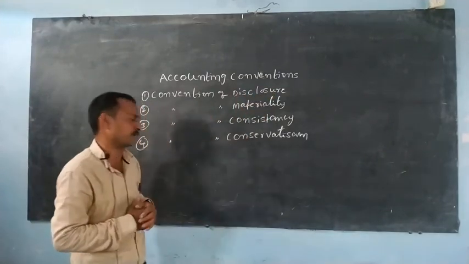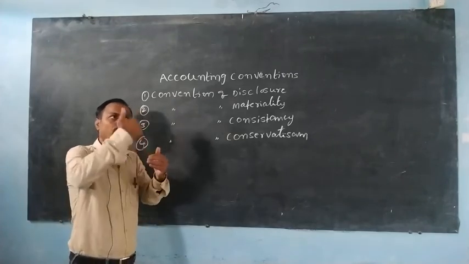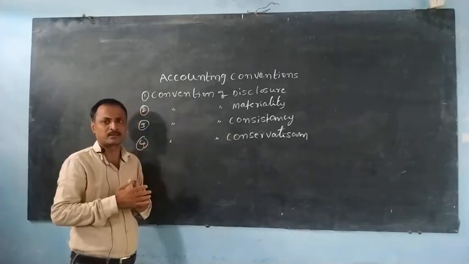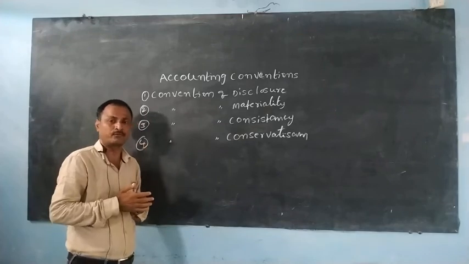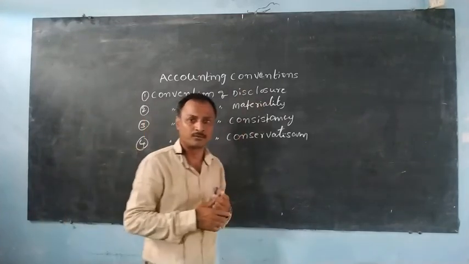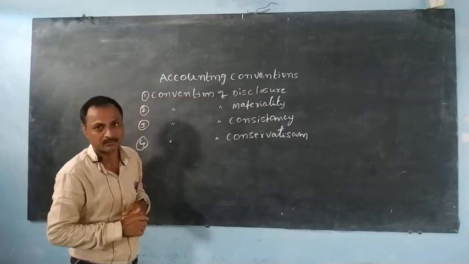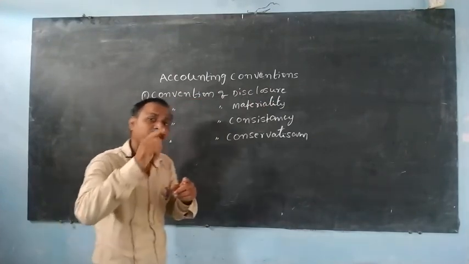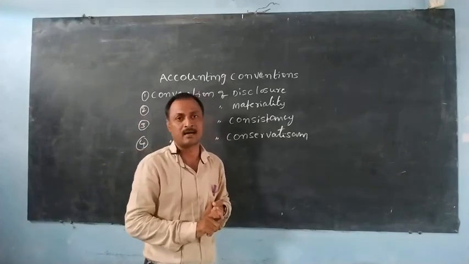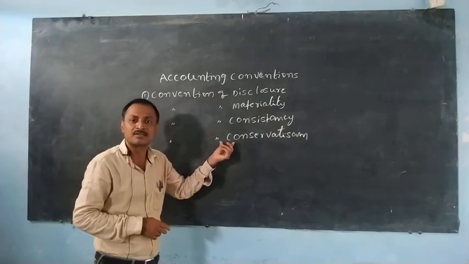This conservatism convention explains to us about the future. Expect, imagine about the future, but don't imagine profit about the future. Imagine if there are any losses in the future. Anticipate losses. Here this conservatism convention is applied.